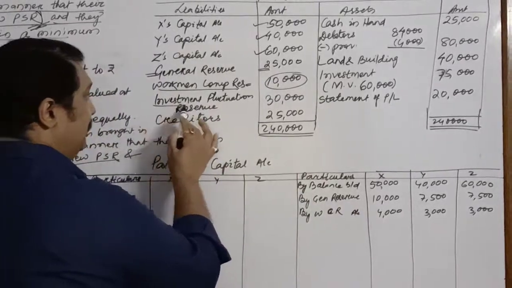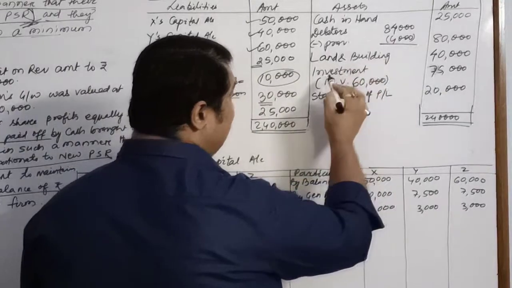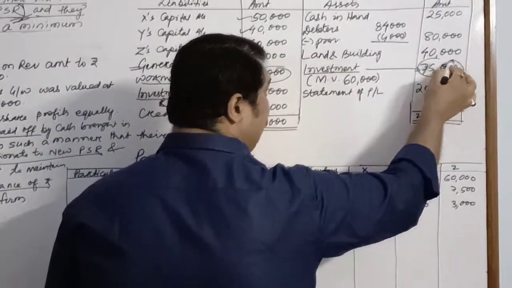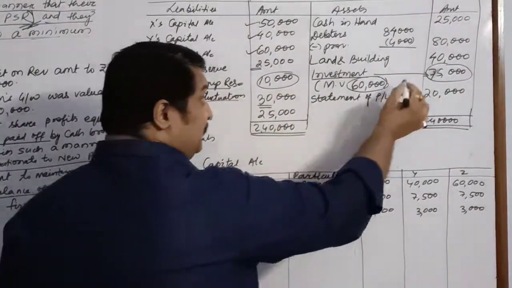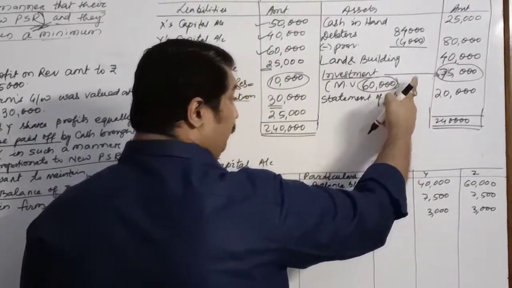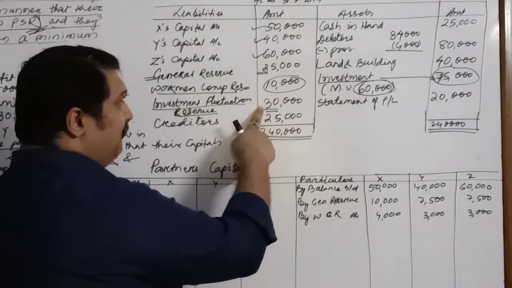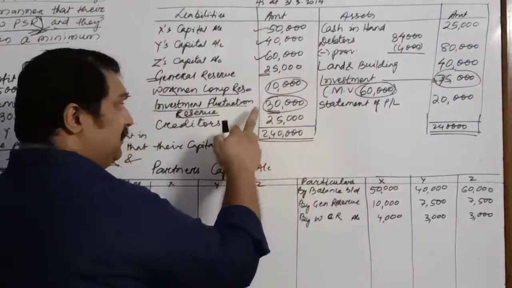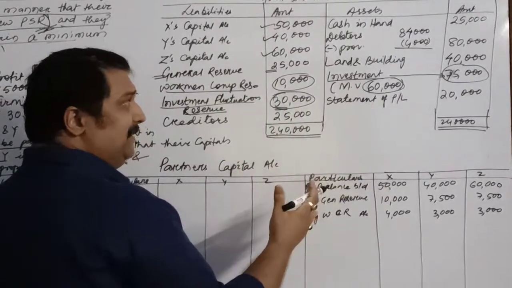After this you have investment fluctuation reserve 30,000, but if you can see there is an adjustment related to this, that the book value of investment is 75,000 but the market value is 60,000. That means if you sell it today there will be a loss of rupees 15,000. So where will you adjust it from? You will adjust it from your investment fluctuation reserve, which is 30,000. Since you have a reserve of 30,000 and there is a loss of 15,000, you will be able to compensate it.